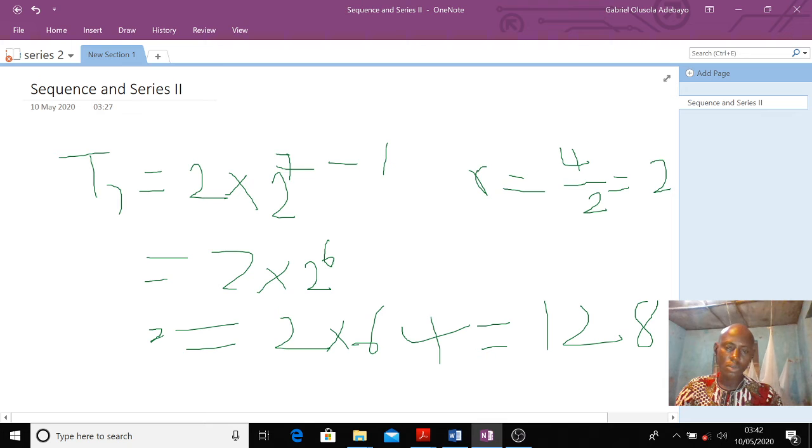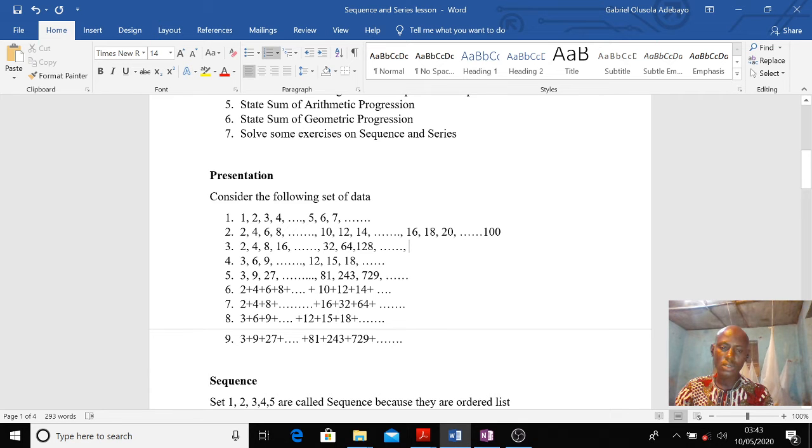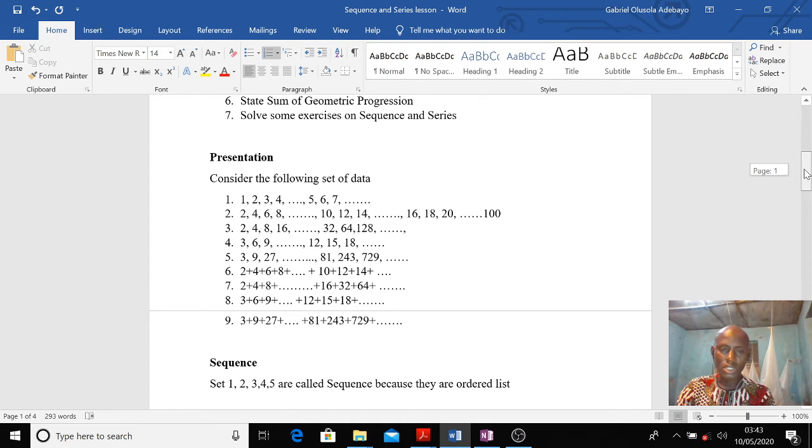So r is the common ratio. That's how we got this 128 in this geometric progression.